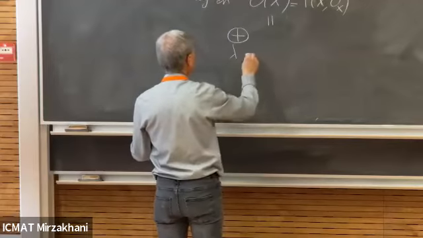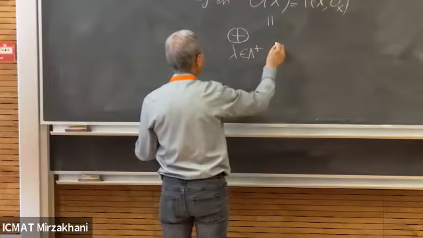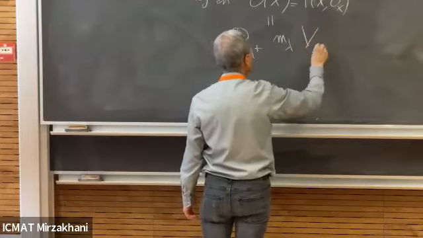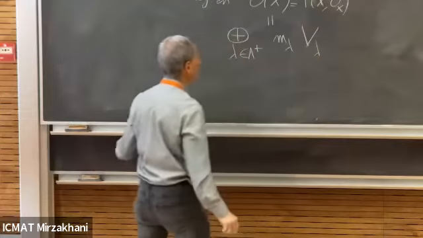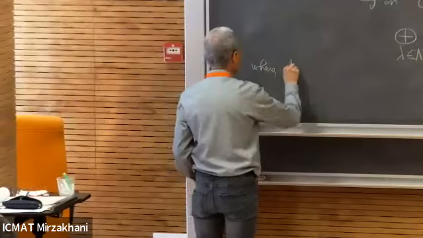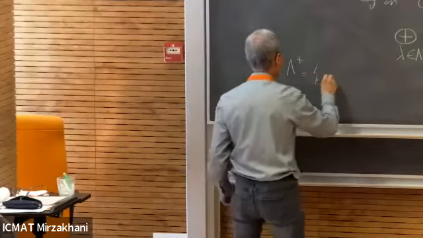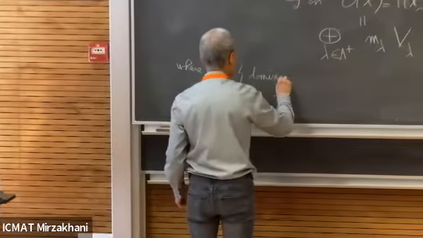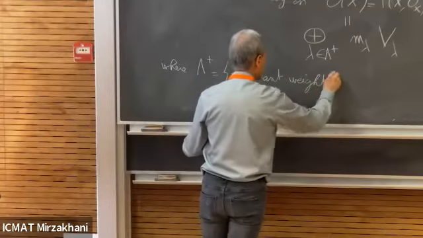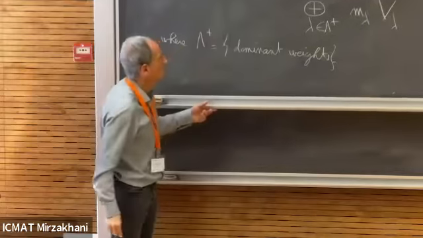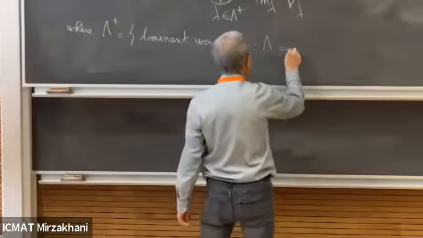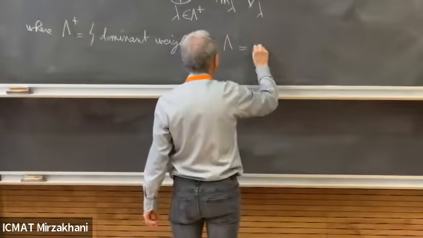This will be a sum over all dominant weights of multiplicities times irreducible representations. So the notation is as follows. Lambda plus is a set of dominant weights. This will be a subset of lambda, which is a set of weights.